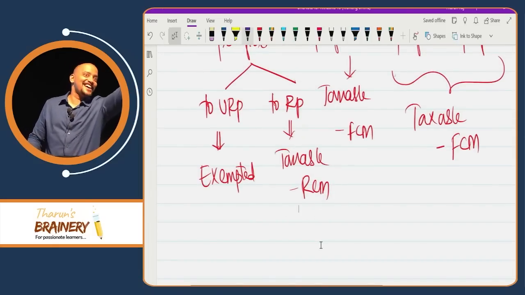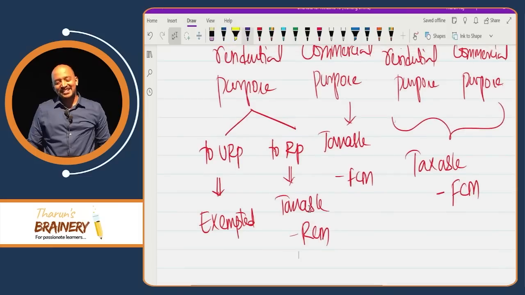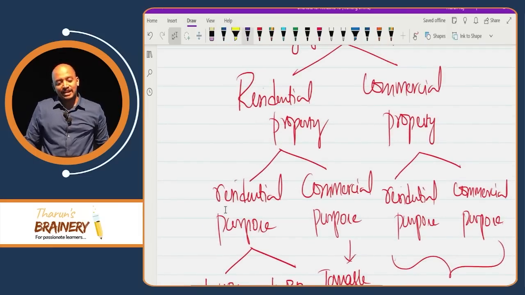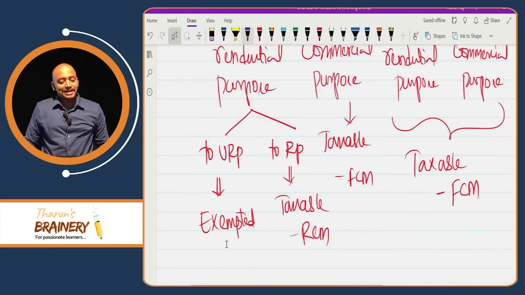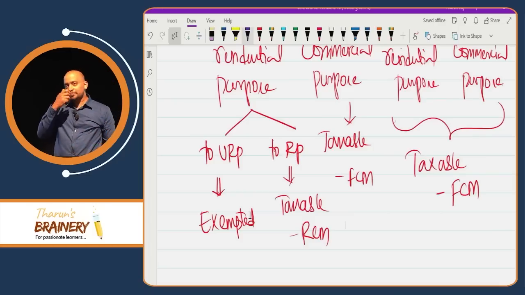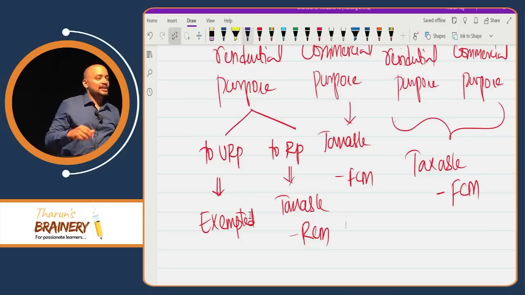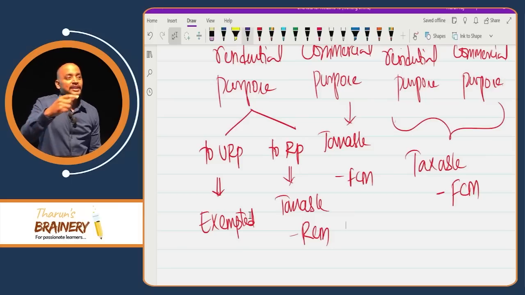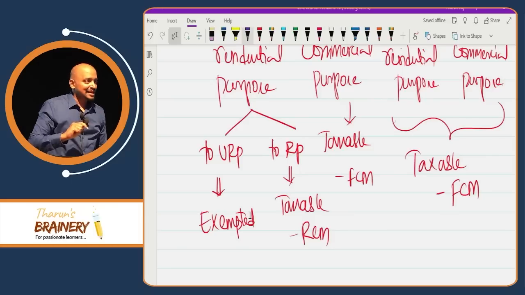Clear here? And if it is a residential property for residential purpose to an unregistered person, then only it will be exempted. For example, corporates usually take residential property on rent and use it as a guest house for their employees.